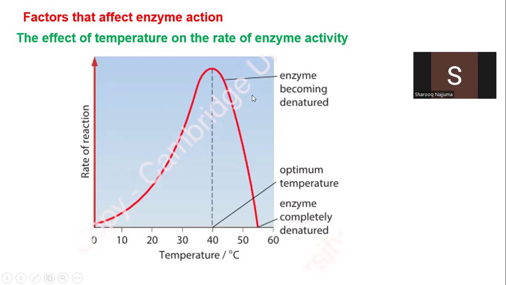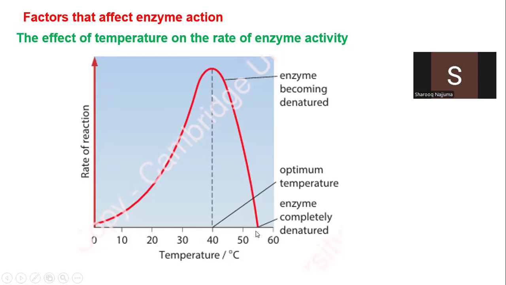So when the temperature gets beyond 40, usually not all enzymes are denatured at the same time. It takes some time for all of them to be denatured, but they start getting denatured one by one. And eventually you can see at a temperature of around maybe 55, almost all the enzymes have been denatured because you can see the rate of reaction is completely 0.